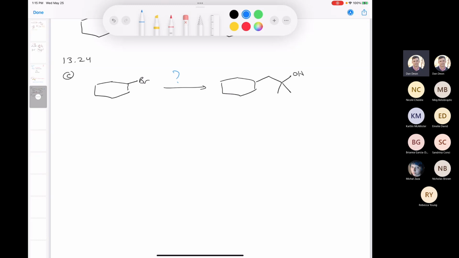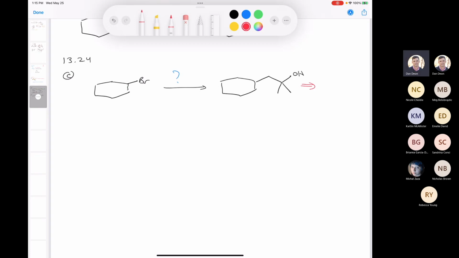Could anybody tell me what the electrophile would be in this reaction? Could anybody name the electrophile, one we've looked at already. You can either unmute your mic or type it in the chat. How would you name the three-membered ring that we would need to make this final product?